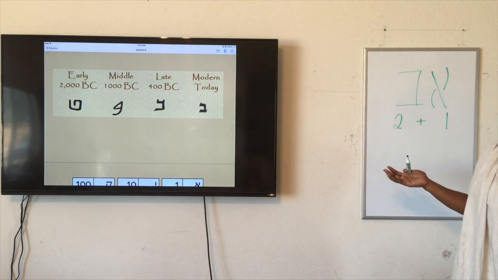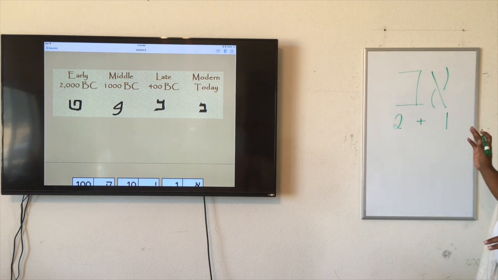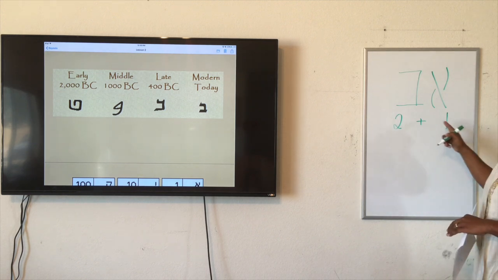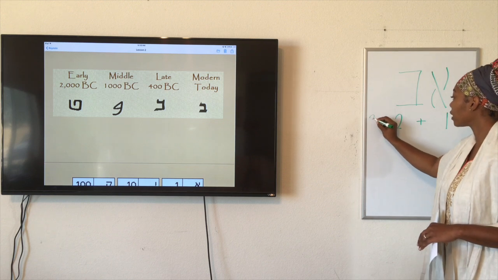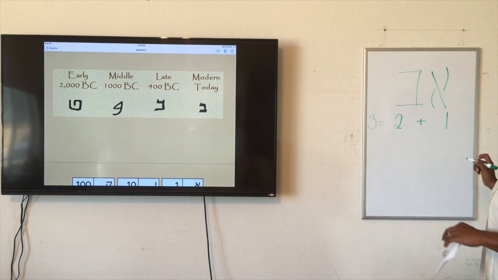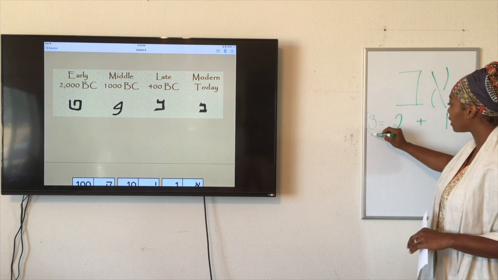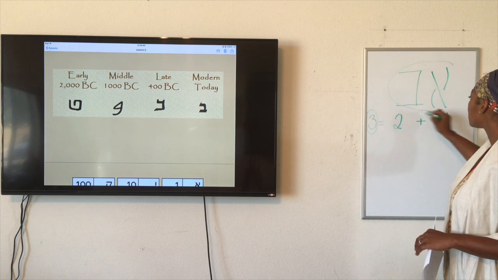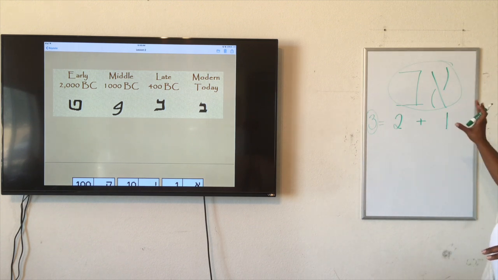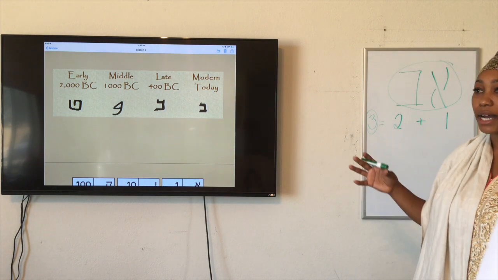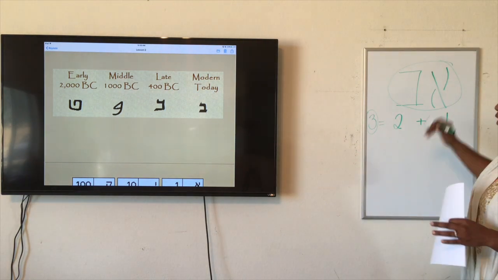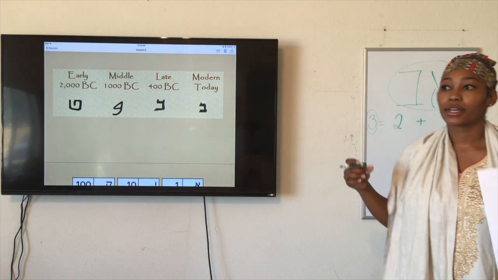So it will seem a little backwards at first, but you'll find it very surprising that it becomes like second nature. So 1 plus 2 equals 3. Very simple. And so the 3 is then going to give us the meaning of these 2 combined letters. Now we know independently the Aleph is an ox, strength, leader, champion, mighty one. And we know the Bet is a house, tent, womb, inn.